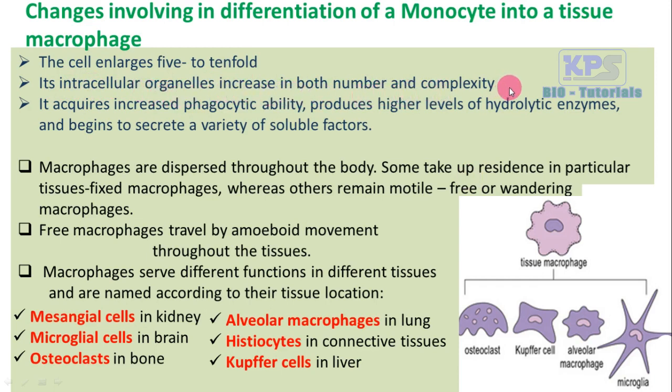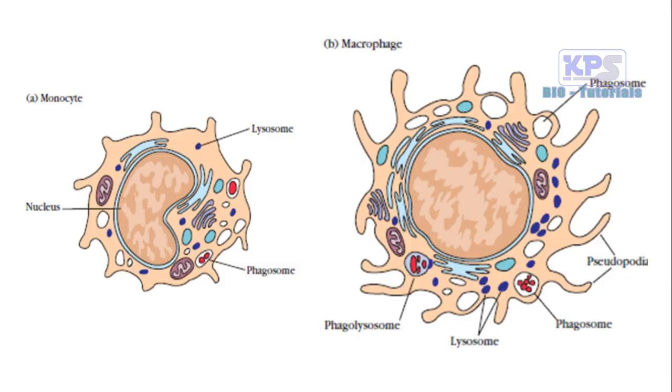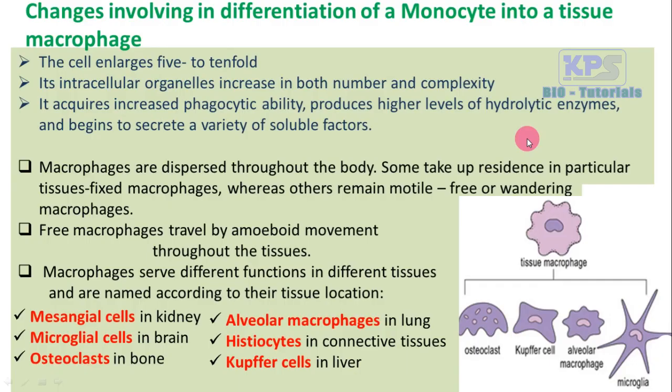The intracellular organelles like mitochondria, Golgi bodies, ribosomes, lysosomes, etc. will be enlarged, as well as their number is increased. This is the second most important change occurring in the monocytes while they are transforming into macrophages.